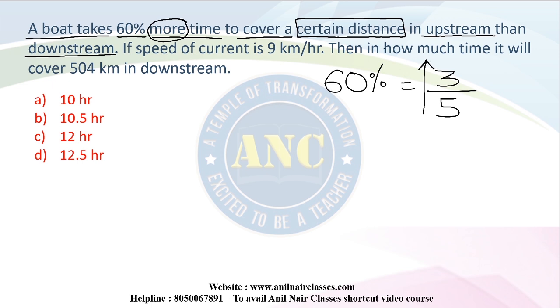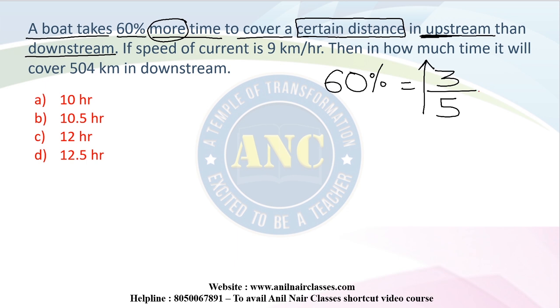Now can I say that upstream time taken is 60% more compared to downstream time taken? That is the question. You are traveling up the road, so you are taking 60% more time compared to traveling down the road. That is the meaning of this statement. Very simple.